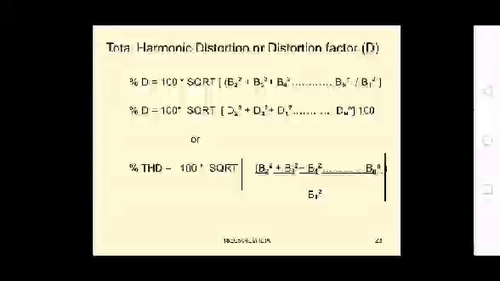You can take either the first equation or the second equation. The second comes from the previous slide, where D2 equals B2 by B1, D3 equals B3 by B1, D4 equals B4 by B1. Like that, the total harmonic distortion is 100 times the root mean square value of D2 square, D3 square, D4 square, and so on up to Dn square.